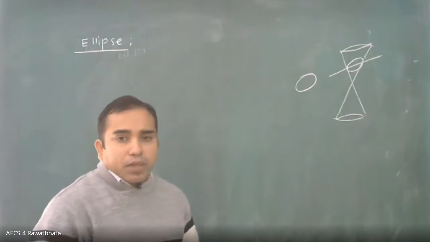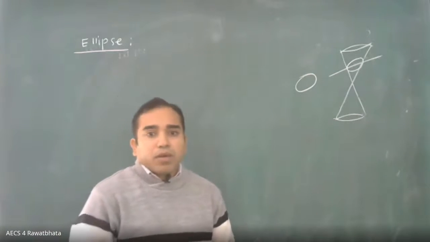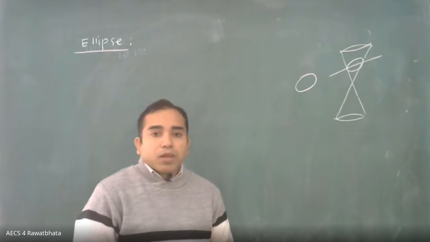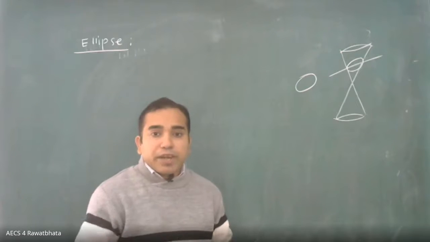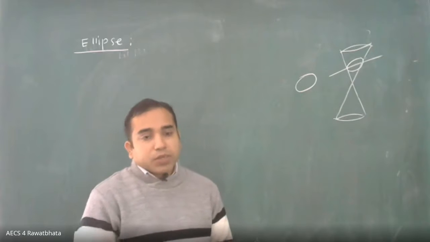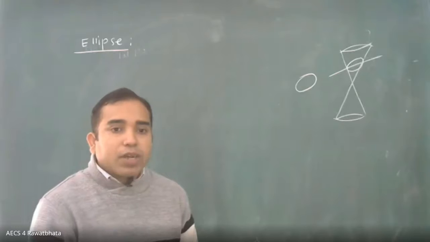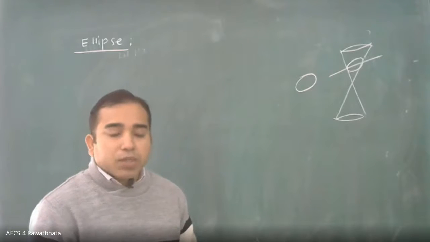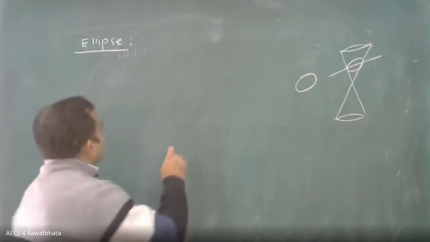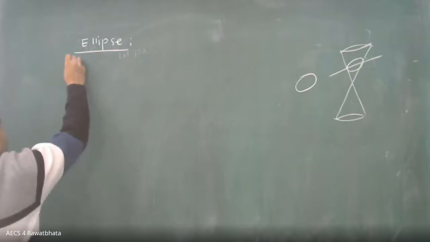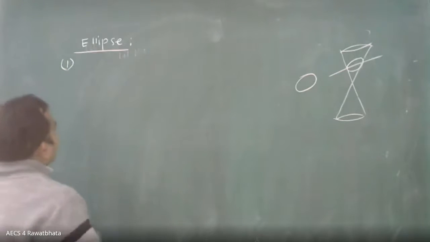If you remember, on the previous turn while discussing parabola, we started with the general definition of conic section. Some particular case of that general definition will represent an ellipse. So let us see what particular case. In two manners we'll define the ellipse.